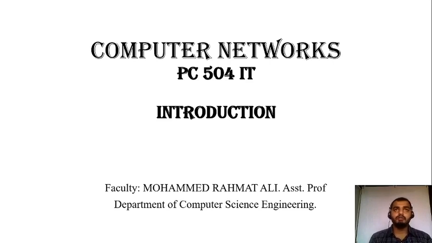Now, when you have data, there is a need for a network to communicate that data. That is the reason the subject computer network exists. Computer network is all about dealing with information: processing, receiving and sending of the information. So these are the three main things used in computer networks.